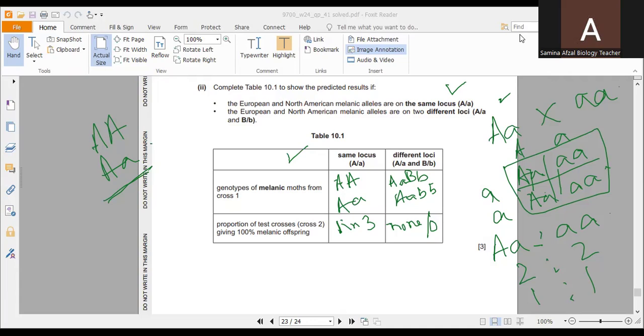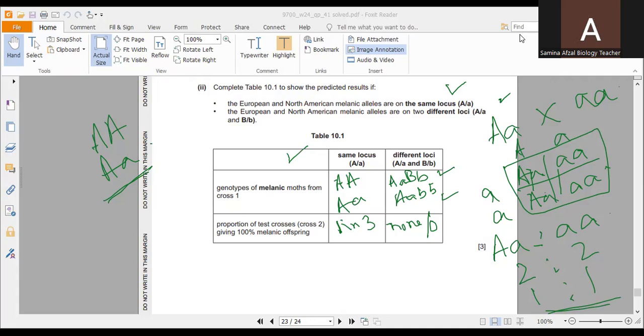So for the genotypes of melanic moths from cross 1 in this scenario, since both parents were heterozygous for the same locus, the melanic offspring will also be heterozygous. So for the proportion of test crosses giving 100% melanic offspring, if you cross capital A, small a, there can be the 1:1 ratio as I have written over here. So the different locus, capital A, small a. These are the genotypes for them, as you can see in this scenario too.